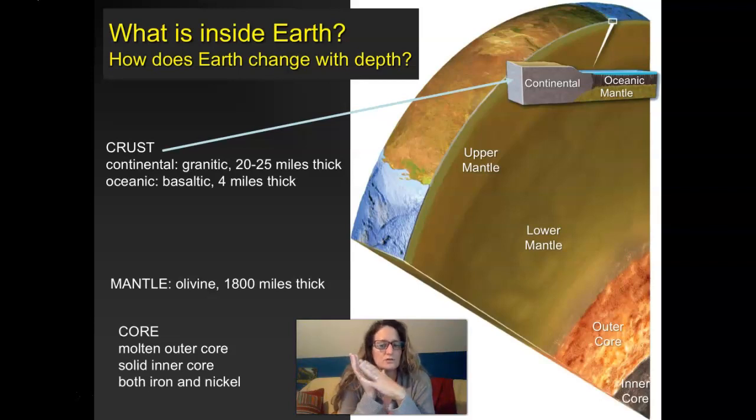The mantle goes from the outer core to the base of the crust and can be split into two, the lower mantle and the upper mantle. And the mantle is iron and magnesium rich. The name of the mineral here is olivine. Olivine is an iron and magnesium rich silicate mineral. It's green. The gemstone is peridot, the July birthstone.